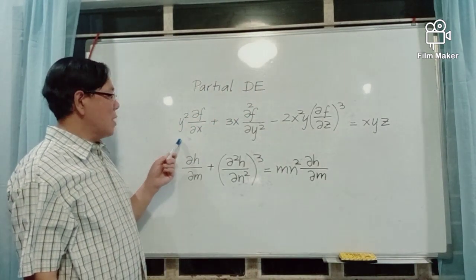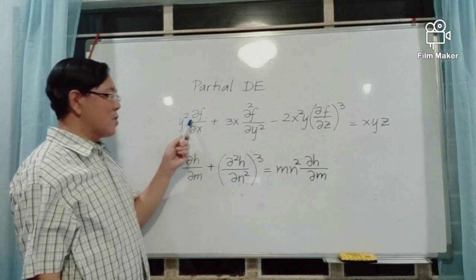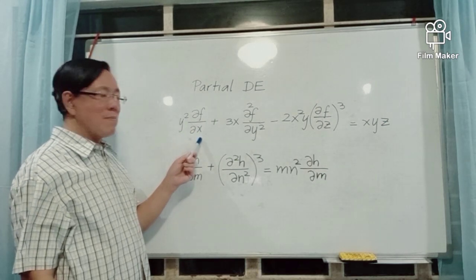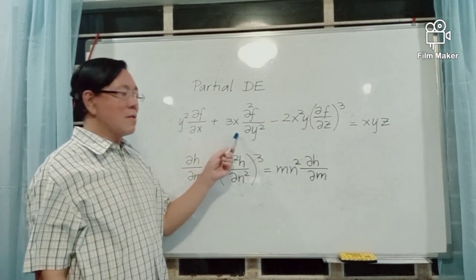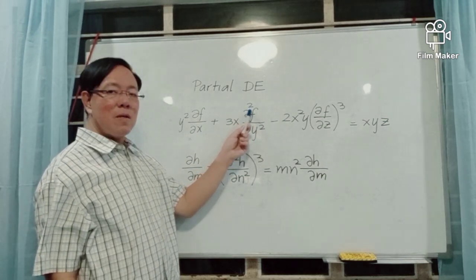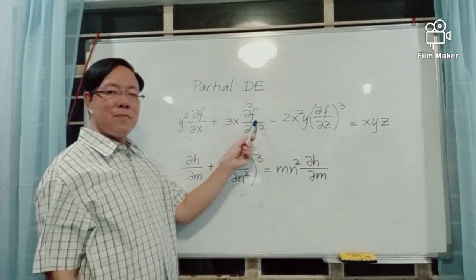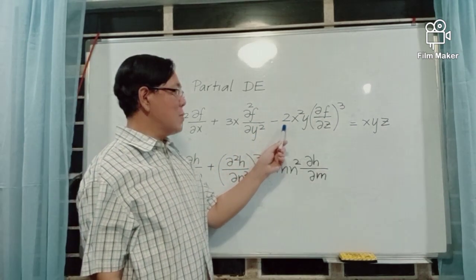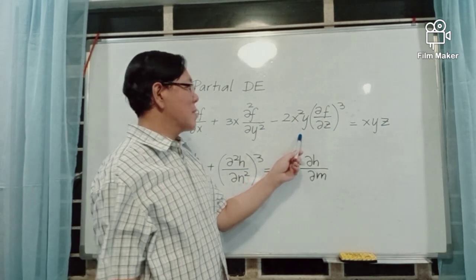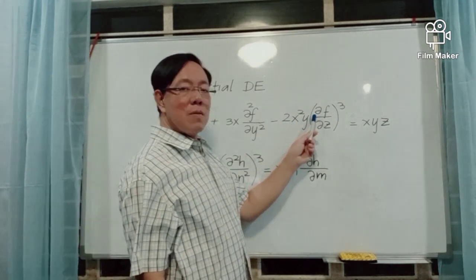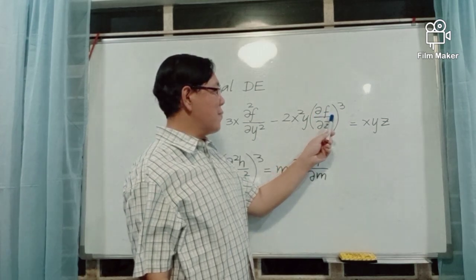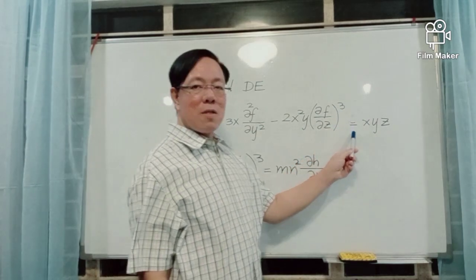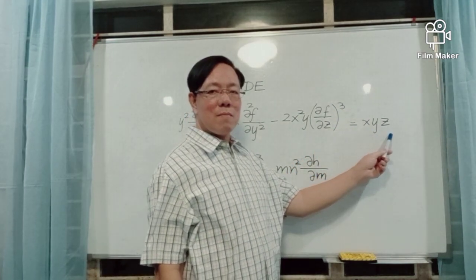Number one, we have y squared times the partial derivative of f with respect to x, plus 3x times the second partial derivative of f with respect to y, minus 2x squared y times the partial derivative of f with respect to c raised to the power 3 equals xyz.